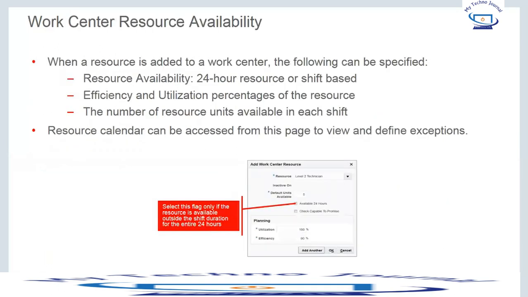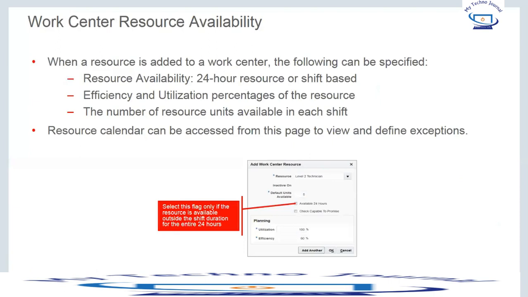Resource availability, as I said, once you define the resource, you can decide whether a particular resource is available for 24 hours or only for certain times. The capable to promise checkbox decides whether the global order promising engine should consider this resource's capacity while promising or not.